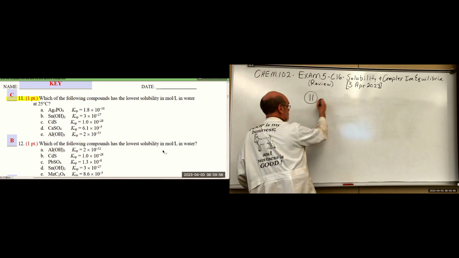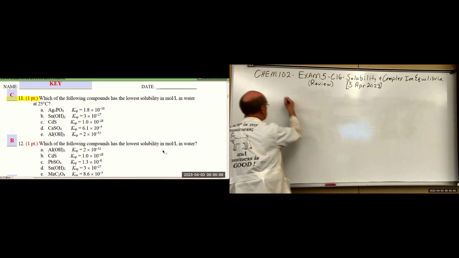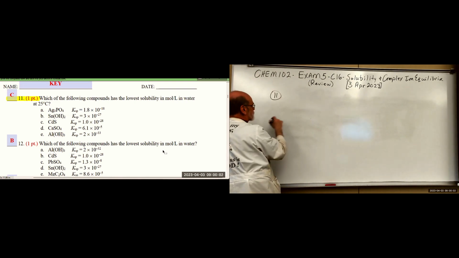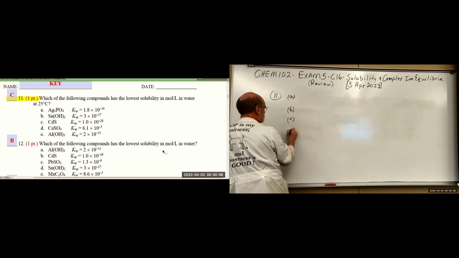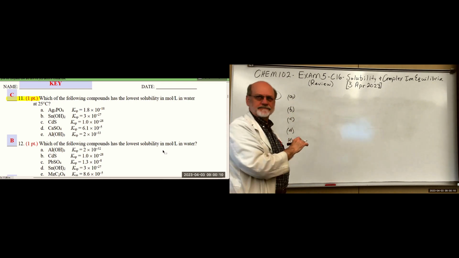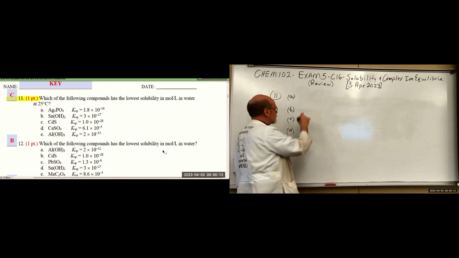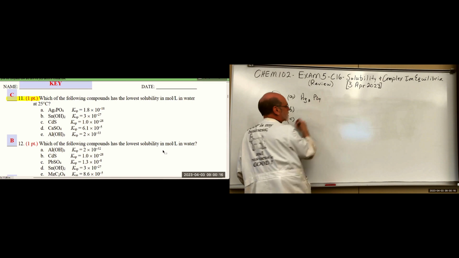All right, so this is going to take some time, but if you use Henry Ford, it shouldn't be too traumatic. Through E? Yeah. Okay, so silver phosphate, like that.